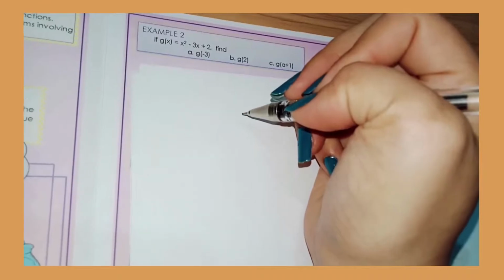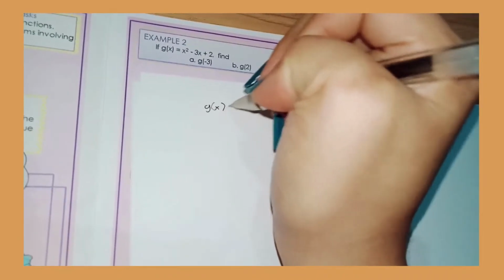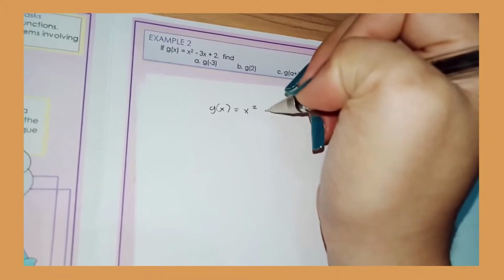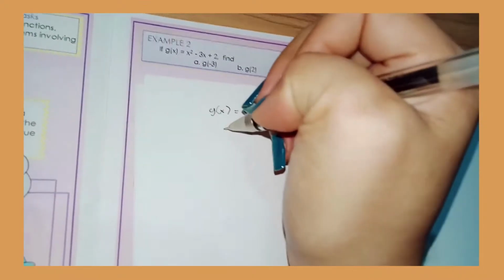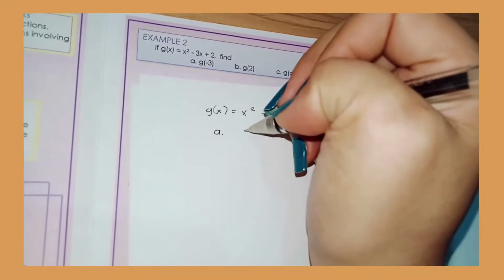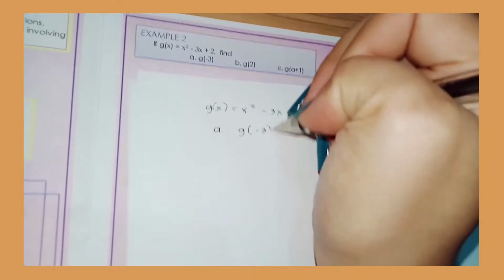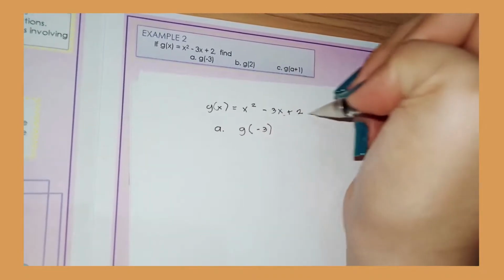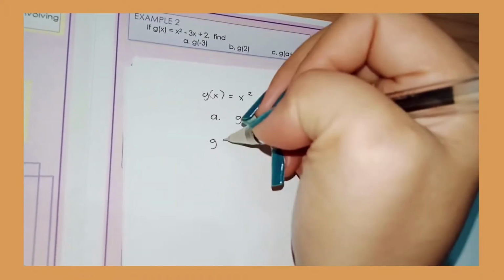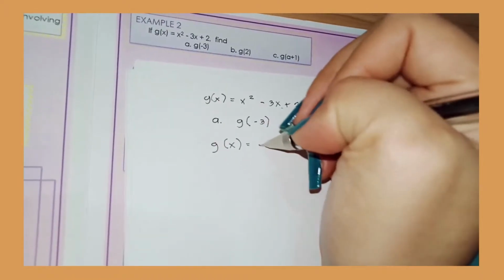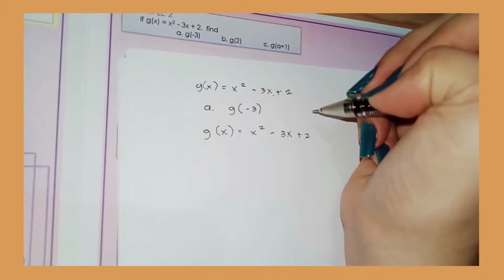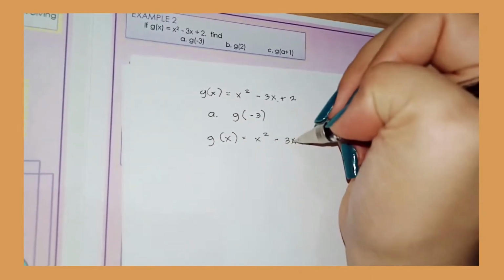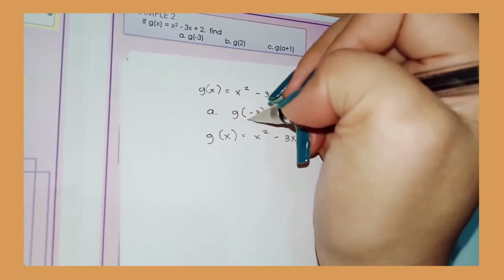For example number 2, we have the equation g of x is equal to x squared minus 3x plus 2. So, yung gagawin natin for letter A, we need to replace x with negative 3. So, copyhin muna yung equation natin. g of x is equal to x squared minus 3x plus 2. And then, lahat ng x na nakikita nyo dito, papalitan nyo ng negative 3.